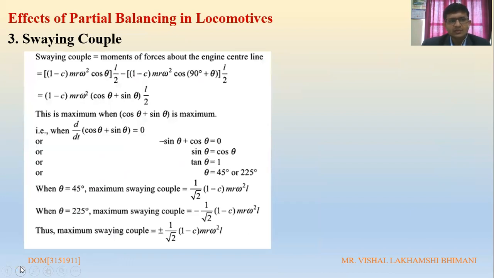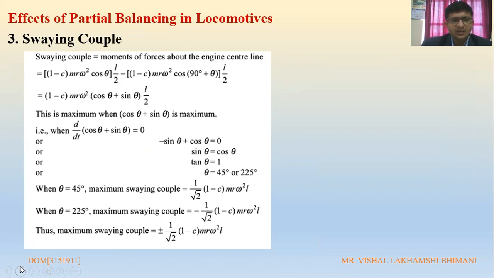So what is the swaying couple? The swaying couple is equal to the moments of forces about the engine center line. So (1 - c) m r omega square cos theta L by 2 minus (1 - c) m r omega square cos (90 + theta) L by 2. By simplification, (1 - c) m r omega square (cos theta + sin theta) L by 2.